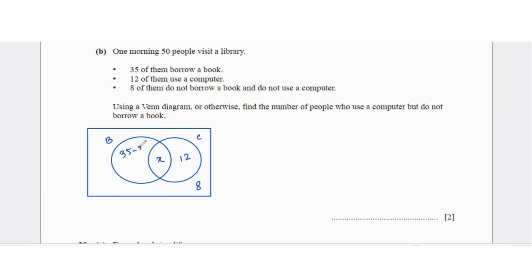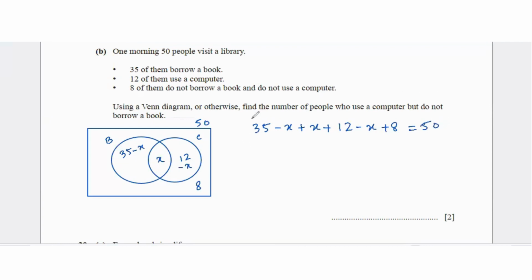So we have to find the number of people who use a computer but do not borrow a book. That means we need to find what's common between them and then subtract that from the computer part to see how many just use a computer. And our universal set is 50. So that means 35 minus x plus x plus 12 minus x plus 8 equals 50.